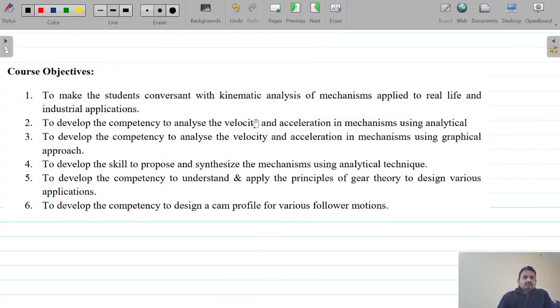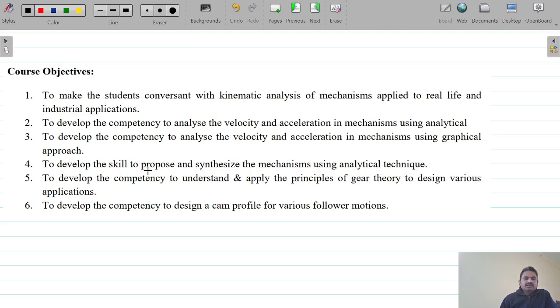Let's see the course objectives. The objective of our course is to make the student conversant with the kinematic analysis of mechanisms applied in real life and industrial applications. Second, to develop the competency to analyze the velocity and acceleration in mechanisms using analytical methods. Third, to develop the competency to analyze the velocity and acceleration in mechanisms using a graphical approach.